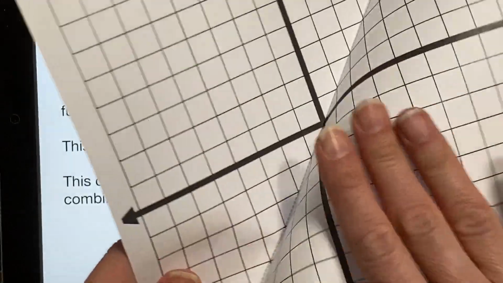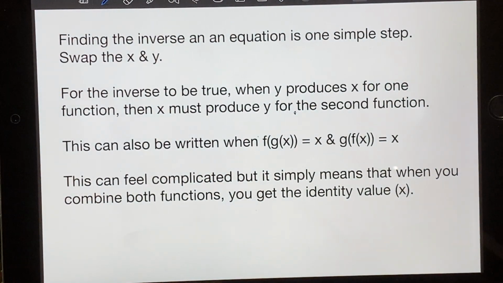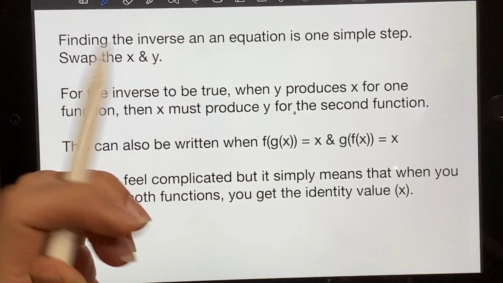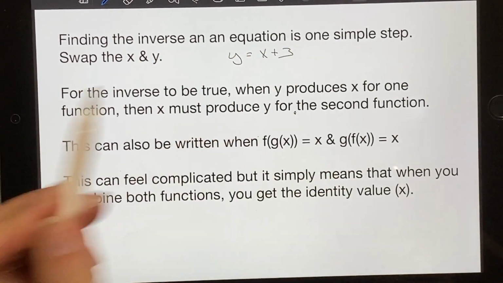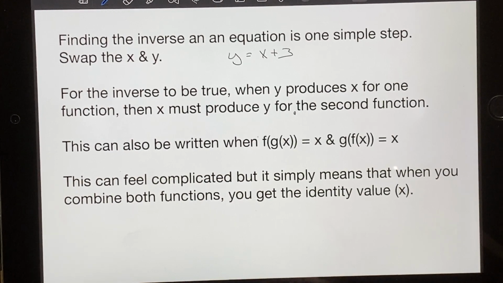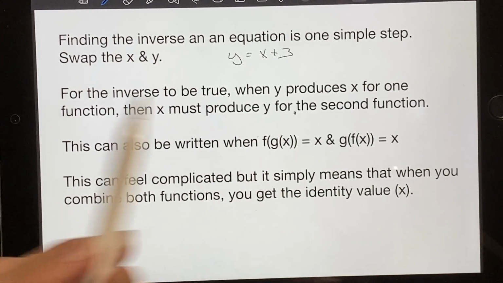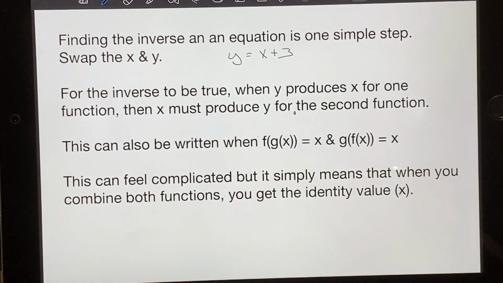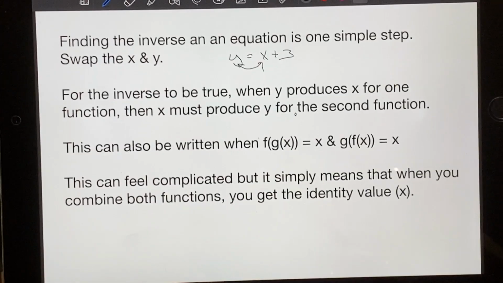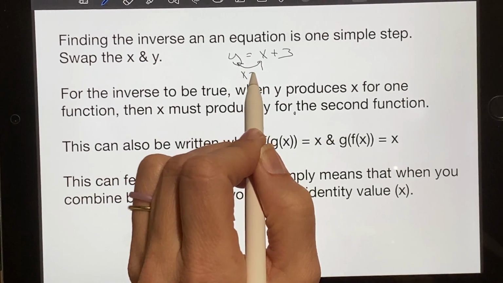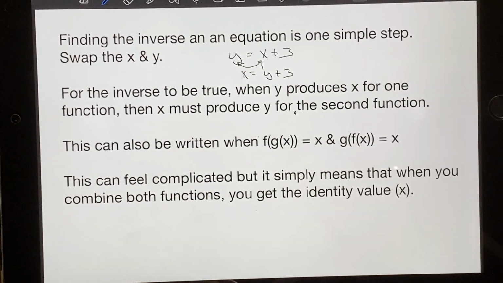Okay, so before we start plotting that, let's talk about how we actually find that inverse in the first place. We find inverses with one simple step. So we typically might have y equals x plus 3. To find the inverse, it means that where y was is now x, and where x was is now y. So all we do is switch them. X is now equal to y plus 3.